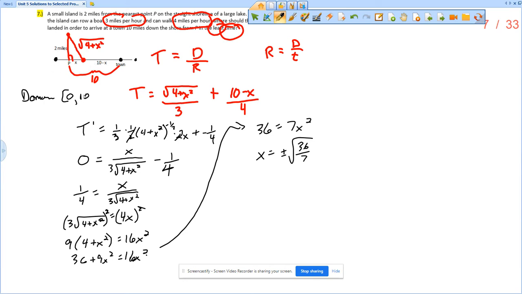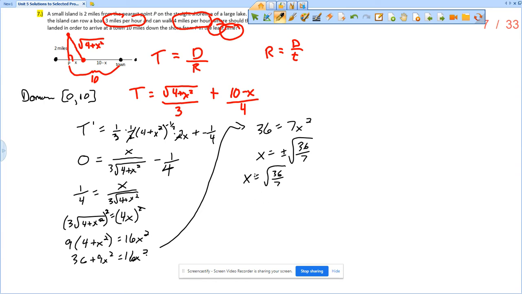And x could be as great as 10, because that would mean you row directly to the town. So the negative can't be in that, and so it would be the positive square root of 36 sevenths. 36 sevenths is a little bit bigger than 5, so the square root of something a little bit bigger than 5 would be something in the 2's, so it is certainly between 0 and 10.